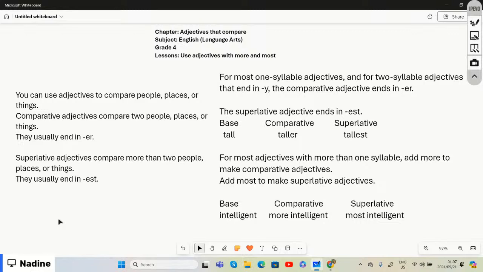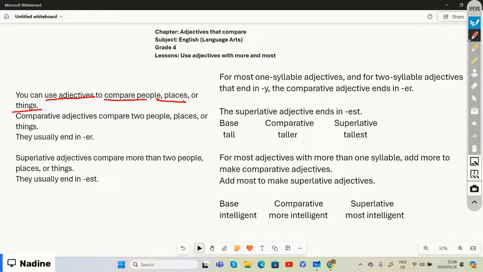So when it comes to adjectives that compare, we use adjectives to compare people, we compare places, or we even compare things.